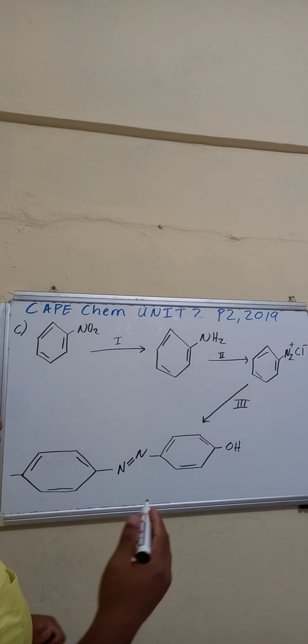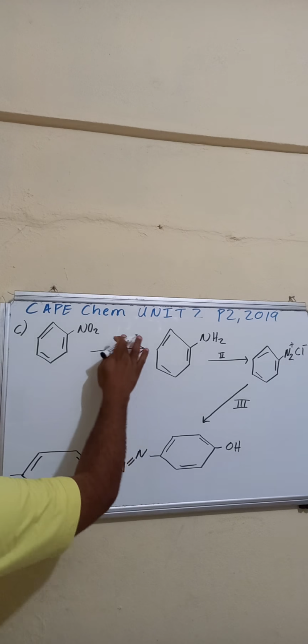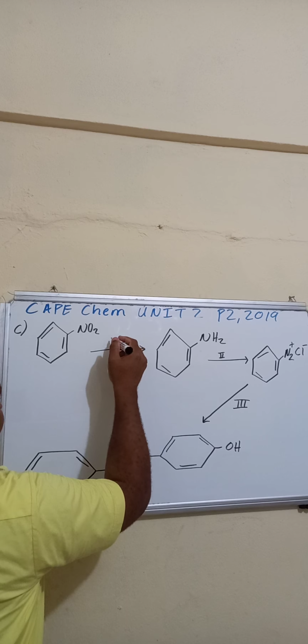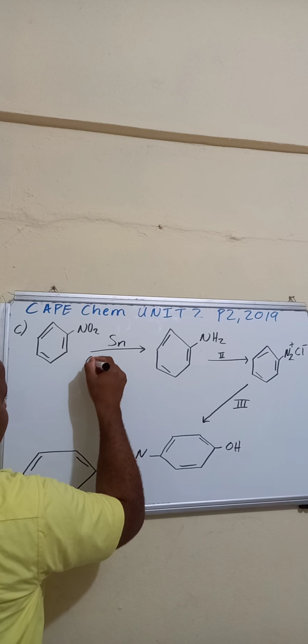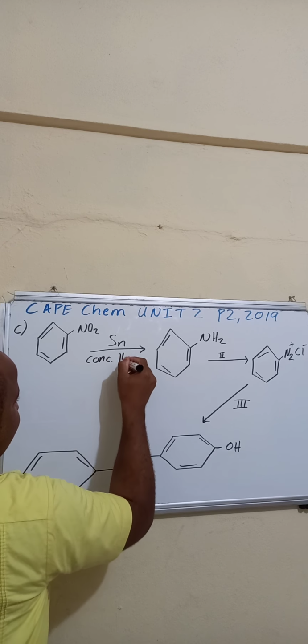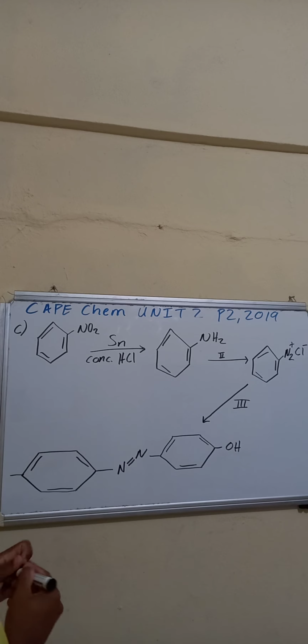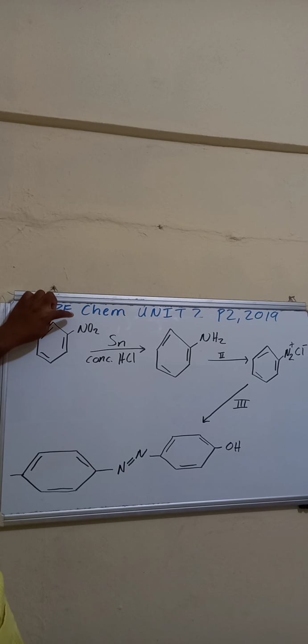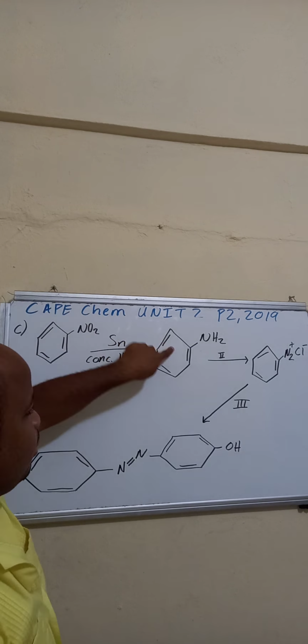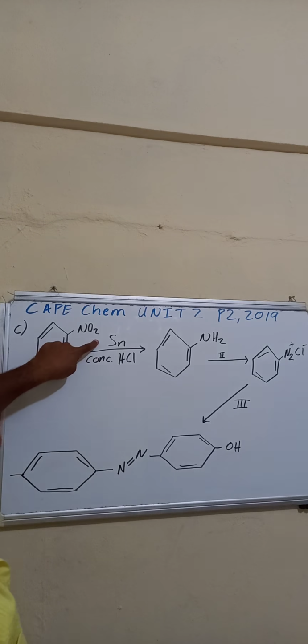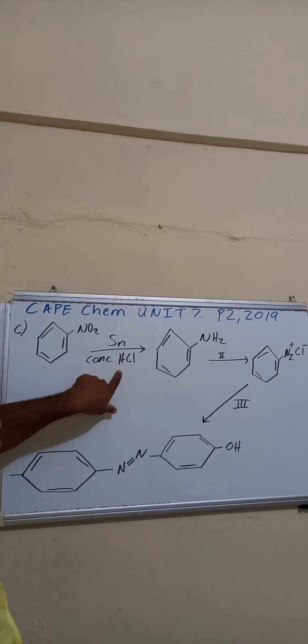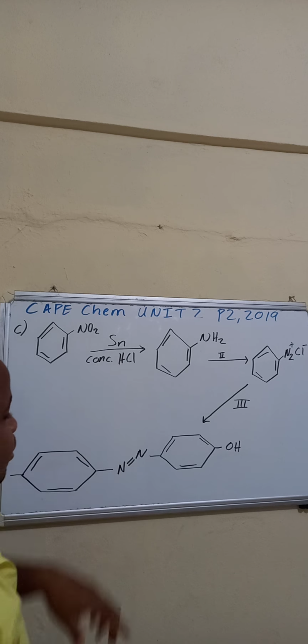So for that, it's reduction, and so we use tin and concentrated hydrochloric acid. So we are reducing the nitrobenzene to phenylamine. So we use tin and concentrated hydrochloric acid.